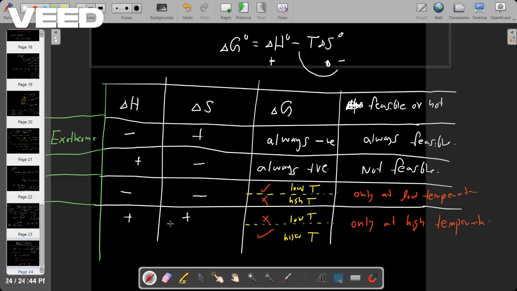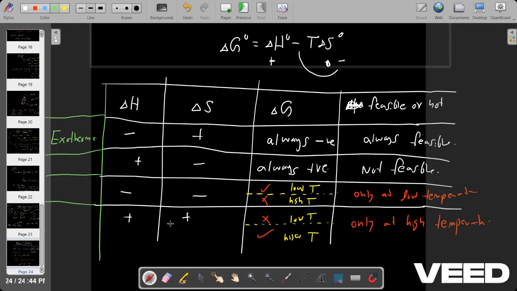Endothermic reactions means when the energy is released, system entropy is increasing, it's very feasible, right? Now, exothermic reaction, when the system entropy is also, you have to consider both. I told you, just because it is exothermic, we can't tell actually. We have to think of the system entropy also, right?